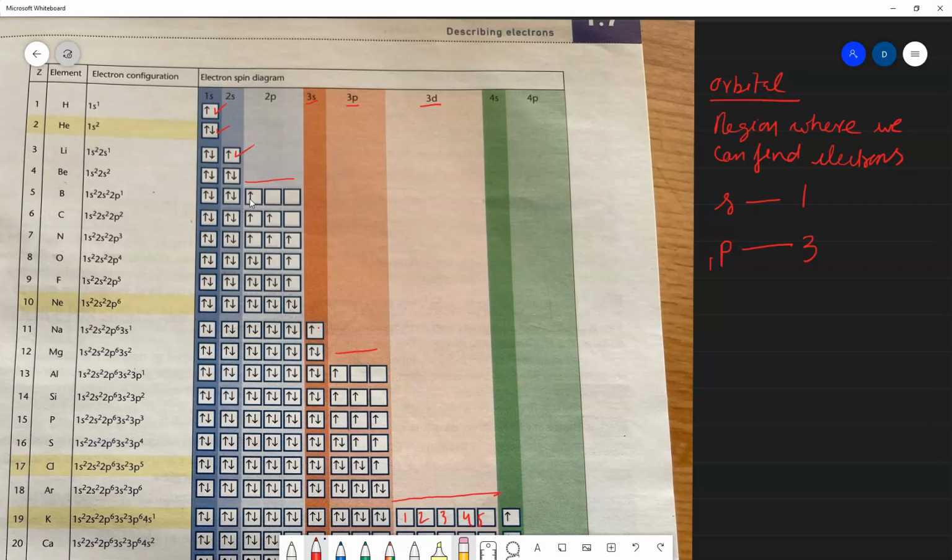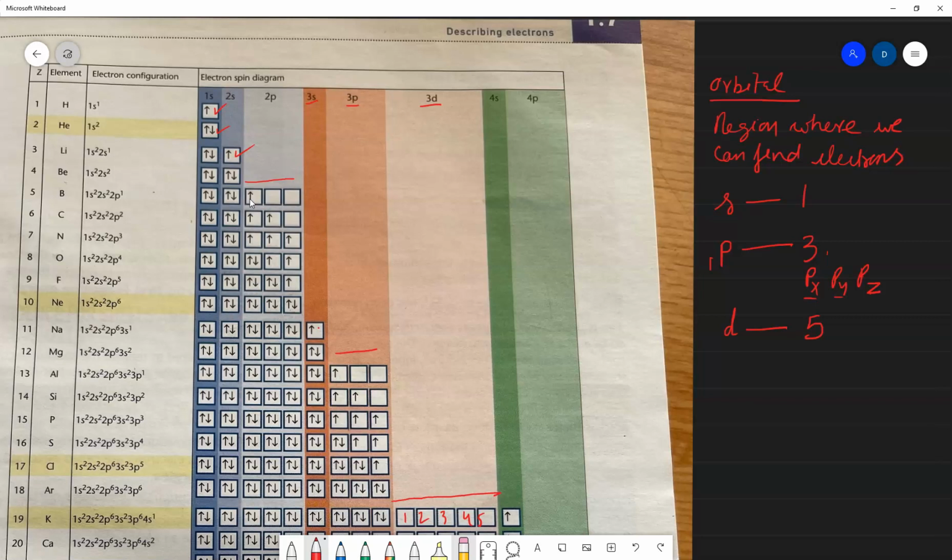It has 3 p orbitals, and the names of the p orbitals are px, py, and pz, because they're in 3 different axes. In the d subshell there are 5 orbitals, and there is no naming like px, py; just say there are 5 orbitals.